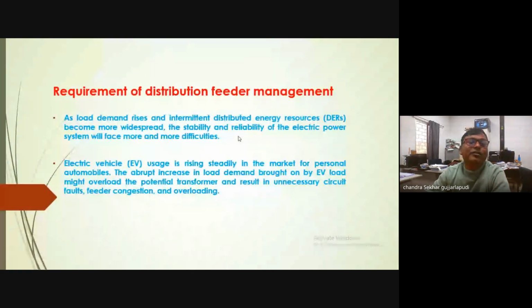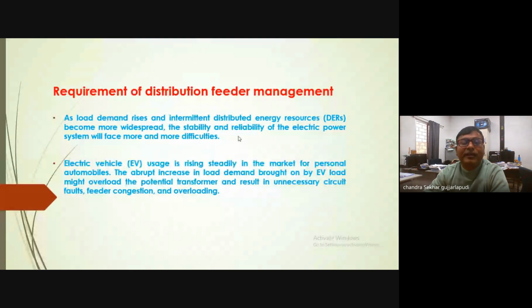So mismatching as well as some reliability issues will be there. Due to that, we should have provisions to control this power, and for that purpose we may utilize reconfiguration techniques. Whenever such a situation arises, voltage stability issues will definitely be there, and those issues may be solved using a feeder management technique for a particular distribution site.